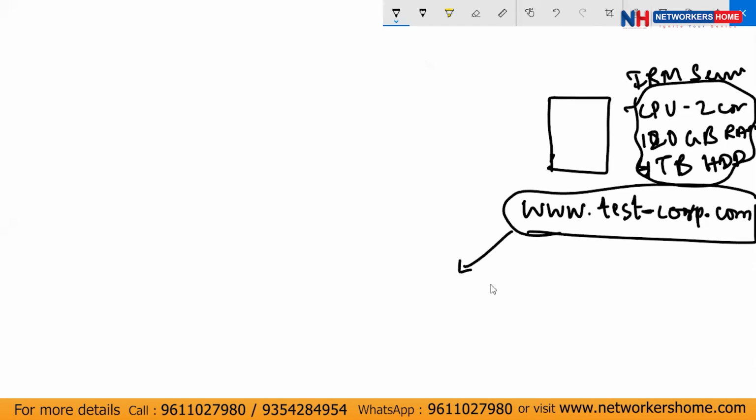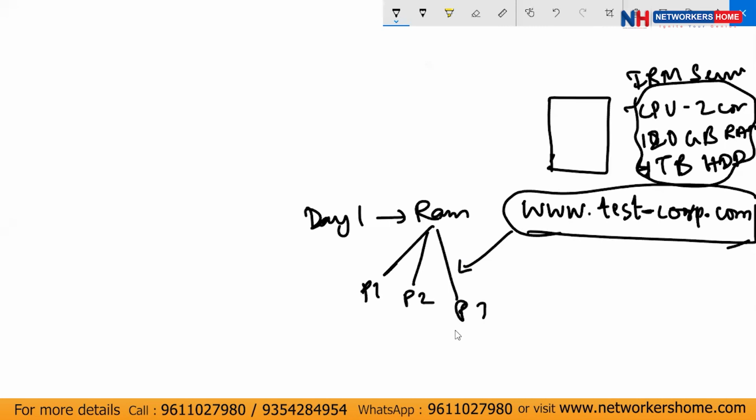I have designed it newly. On day one, let's say I just tell my friend Ram about this. He might use this application and he might tell three more people. These people also try to access this application. They also like the overall concept of this application, and they also try to advertise it, and they tell maybe 10 more people, then again 100 more people.